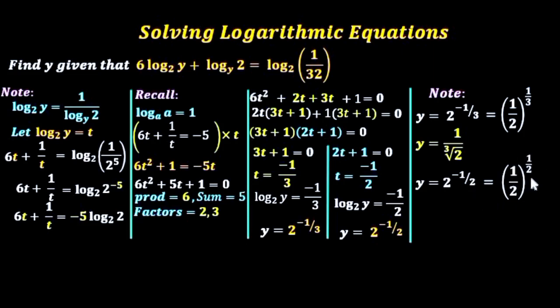So a number raised to a half is equivalent to finding the square root of that number. So we are going to have the square root of the numerator over the square root of the denominator. So we have root 1 over root 2. So y becomes 1 over root 2. The square root of 1 is 1, and therefore we have 1 over root 2.